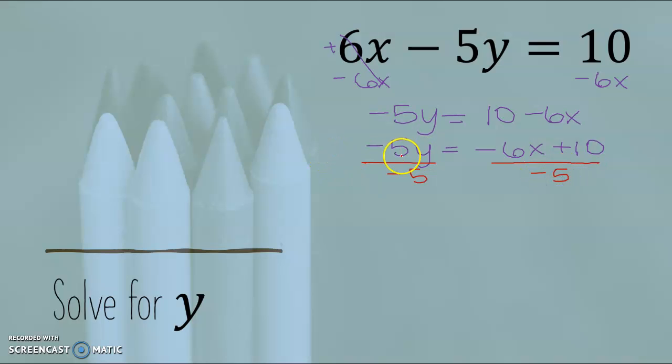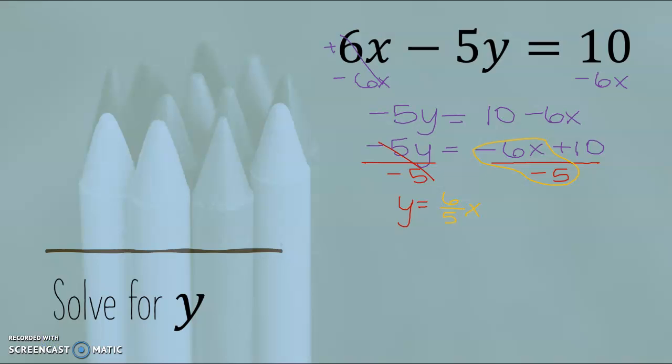So when we divide both sides by negative 5, we have y equals. And again, we want to look at one individual term divided by the denominator at a time. So here we can look at negative 6x divided by negative 5. The first thing here to note is a negative divided by a negative gives us a positive, but we can't simplify 6 divided by 5, so it can just stay 6/5 x.